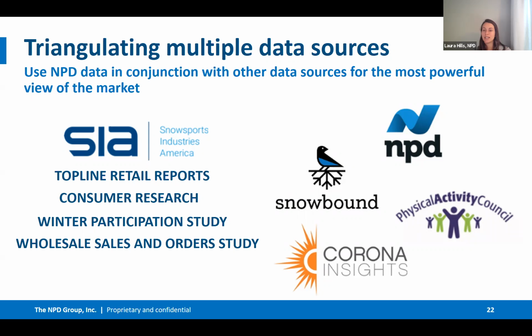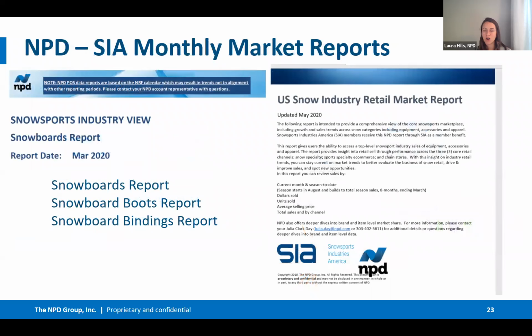So as an SIA member, it really behooves you to be aware that you have access to consumer research, participation studies, as well as sell-in data that really should be married with your sell-through data to give you the most holistic view on the industry, on its trends, and what it should mean for your business. So be sure to look for that if you're not already leveraging it today.